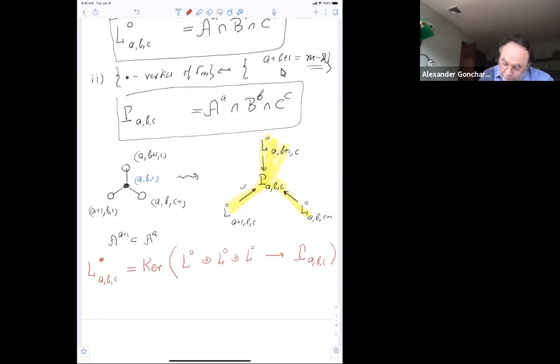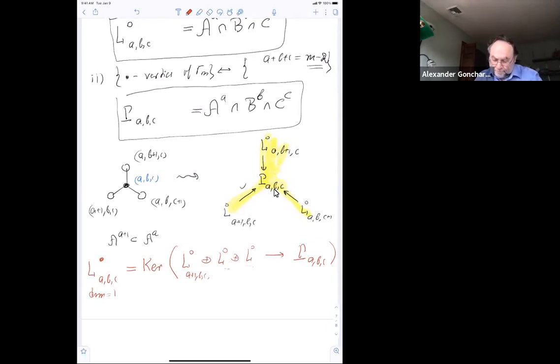Again, you can put indices here, just put one of them. Okay, that's clear? So we have a three-dimensional space given by the sum of three lines here, and it goes to a two-dimensional space. The kernel is one-dimensional. And so now we get what I promised, because I have my graph and at every white or black vertex I have a one-dimensional vector space.